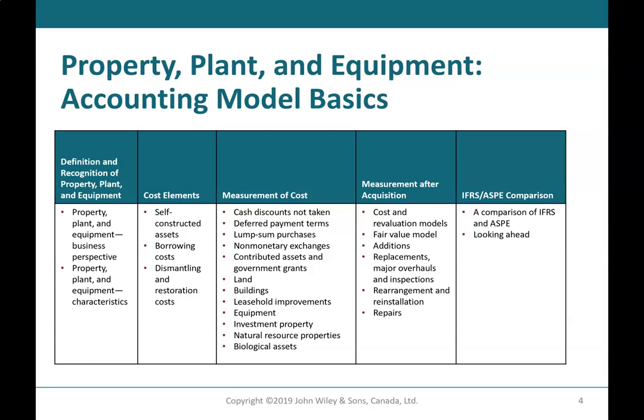Non-monetary exchanges, contributed assets and government grants, land, buildings, leasehold improvements, equipment, investment property, natural resource properties, biological assets, measurement after acquisition, cost and revaluation models, fair value model, additions, replacements, major overhauls and inspections, rearrangement and reinstallation, repairs. IFRS ASPE comparison. A comparison of IFRS and ASPE looking ahead.